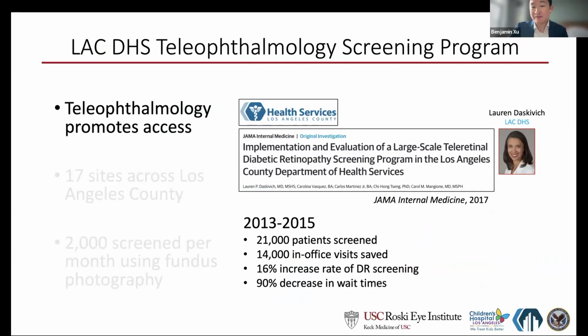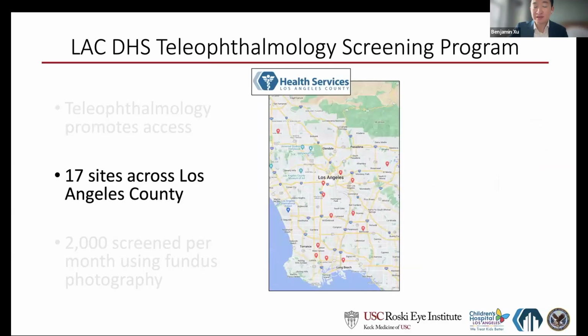And this program was highly effective. It screened over 21,000 patients over a 3-year period. It saved 14,000 in-office visits. It reduced the wait times by 90% and increased the rate of DR screening. And so we really wanted to leverage this infrastructure for glaucoma detection.